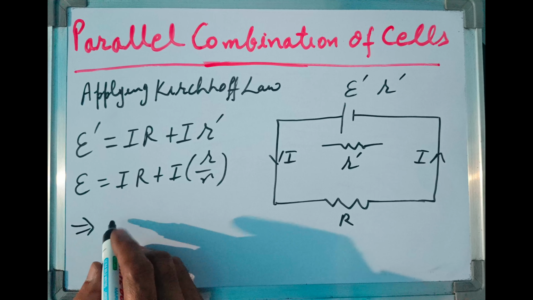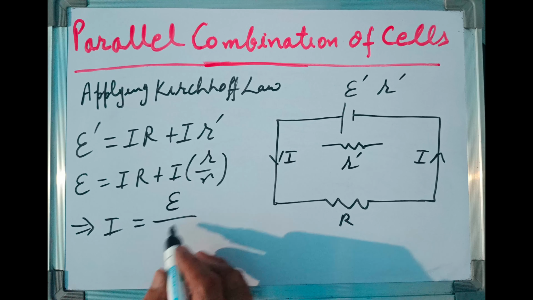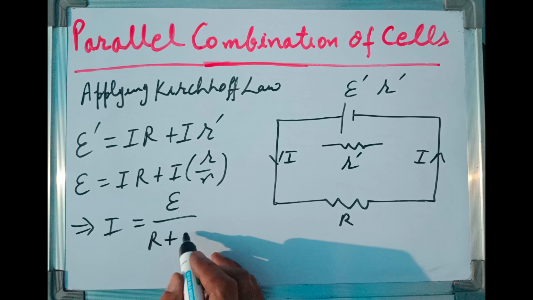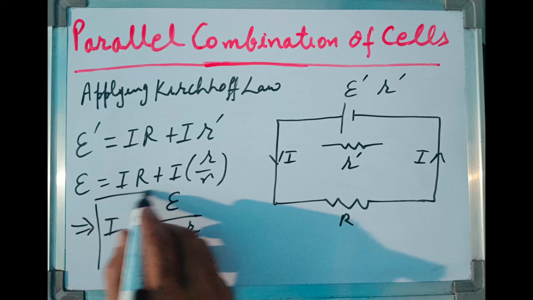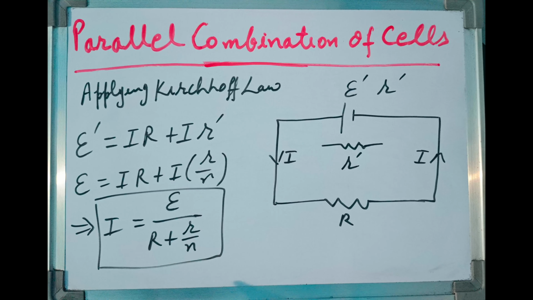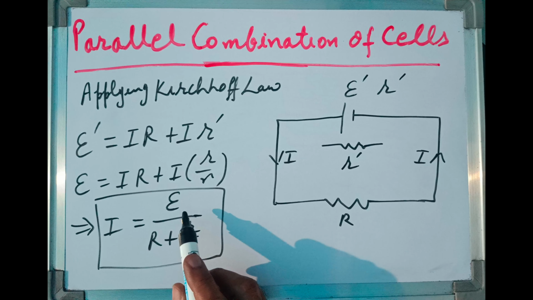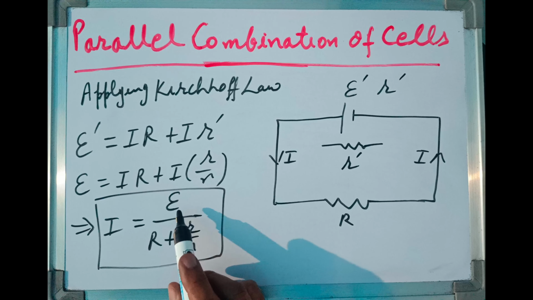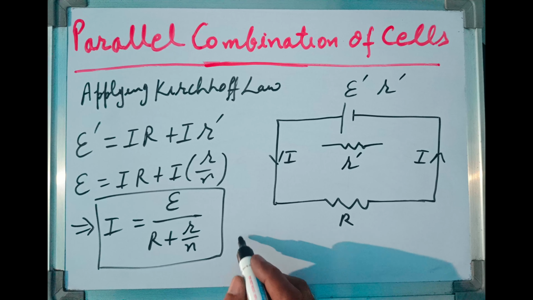After simplifying, I can write answer for I is equal to E.M.F divided by capital R plus small r divided by n. This gives us current that can be drawn from parallel combination of n cells, each cell having internal resistance small r and each cell having EMF E and capital R is externally connected resistance.